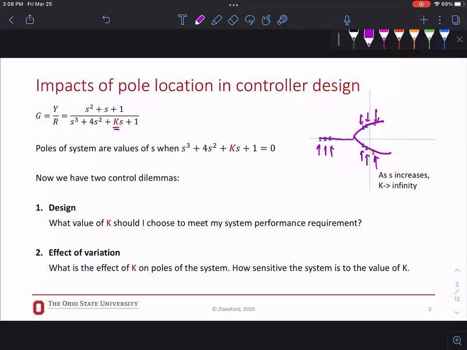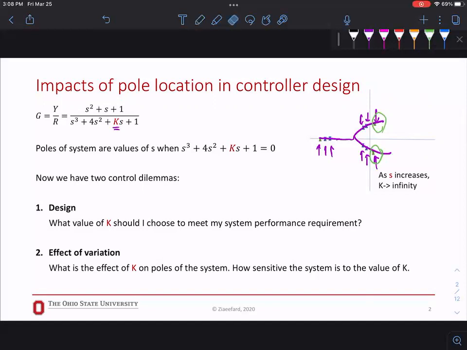So increasing K from 0 to infinity takes the poles of the transfer function from the left, moves them to the right, crosses the imaginary line and goes to the other side. Now, what do you think about this pair of poles? Are they favorable? No, because it makes our system unstable, right? So whatever we are increasing K, we have to stop somewhere.